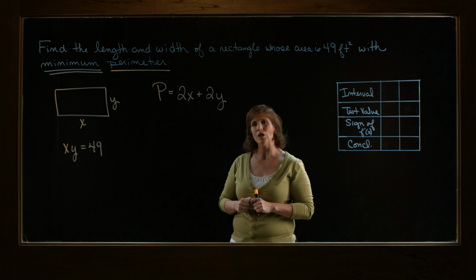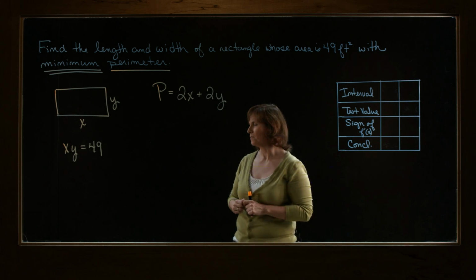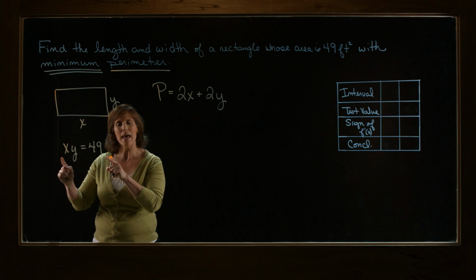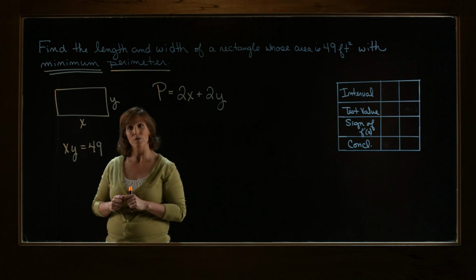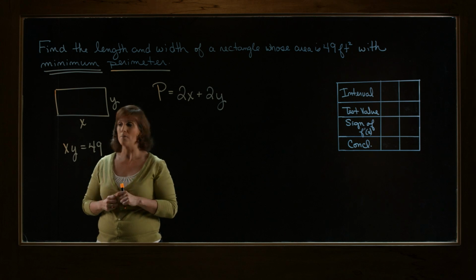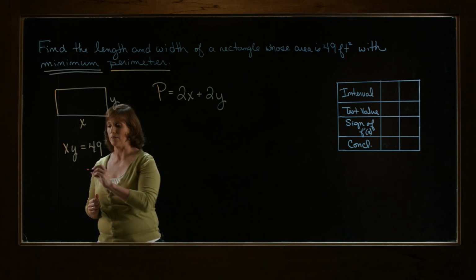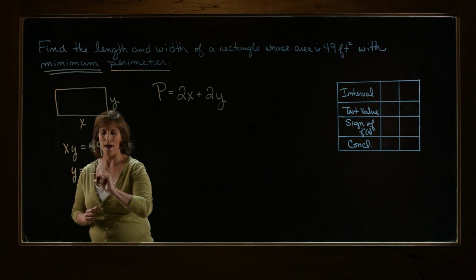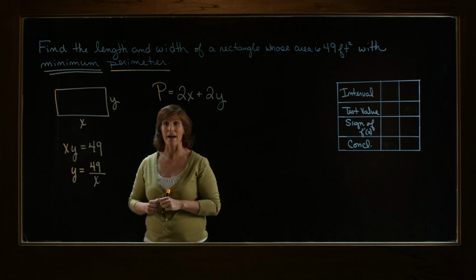Well, let's go ahead and look at my secondary equation. I noticed that I was given that x times y is 49. I'm able to solve that equation for one of the variables. And it doesn't really matter which one. Choose the easier method, but in this case, it's about the same. So I'm going to solve for y and write y equals 49 over x.